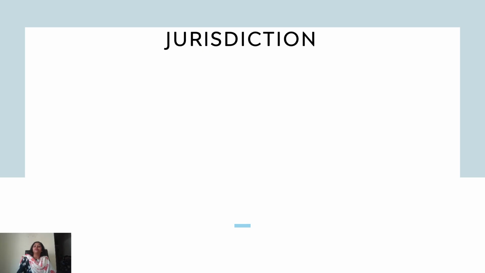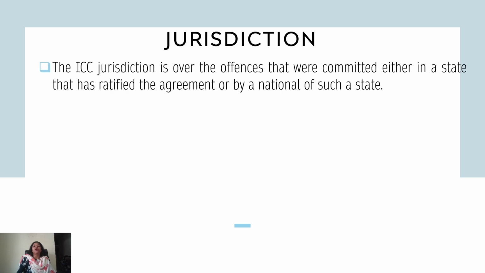If we talk about the jurisdiction of International Criminal Court, the jurisdiction of International Criminal Court is over the four categories of international crimes that we discussed. Now these crimes, in case where ICC has a jurisdiction, are the ones which were committed either by a state that has ratified the agreement or by a national of such a state.